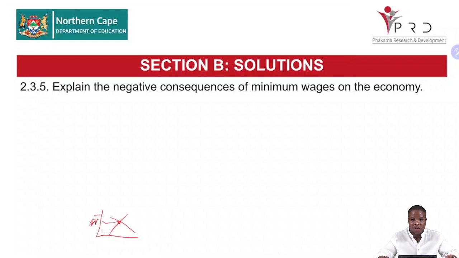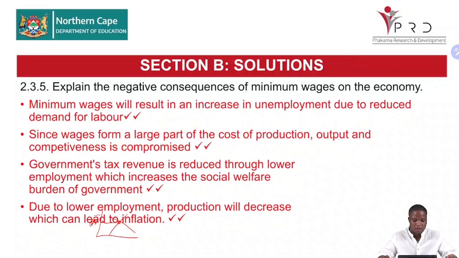With minimum wage, it means producers have to pay more money, right? If they have to pay more money for workers, they may retrench some because they cannot afford to pay them. So that is a negative impact. That will result in what? It results in unemployment.